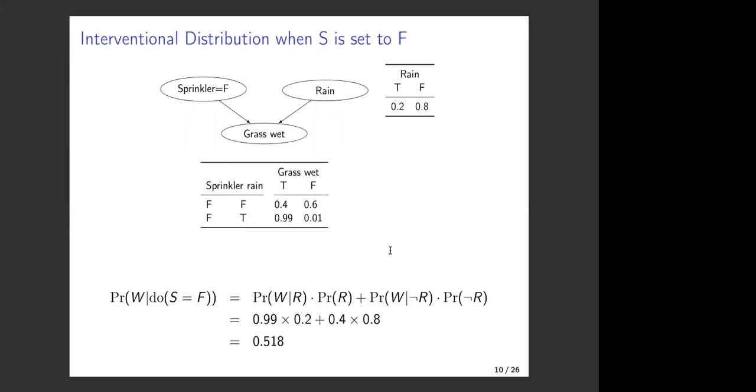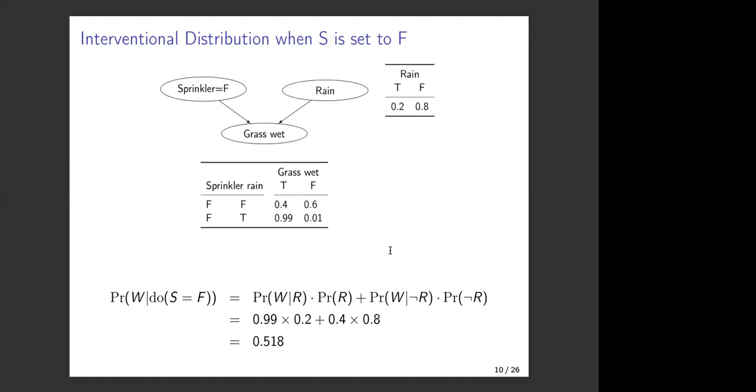For example, you can compute the probability of the grass is wet, conditioned on, or not conditioned, I should say, forcing sprinkler to false. You can do this by just looking at the factorization from this particular truncated base net. So you'll get 0.518.